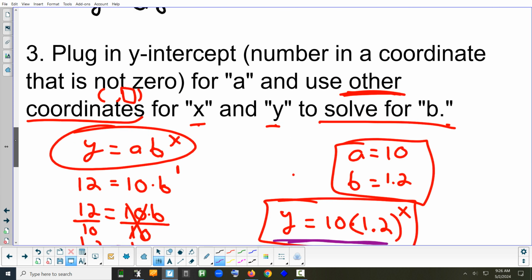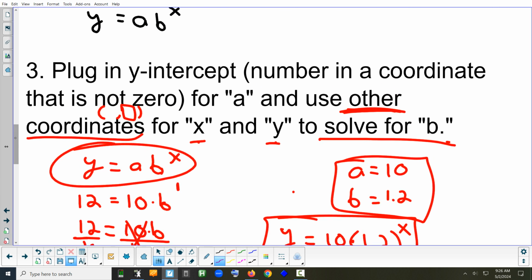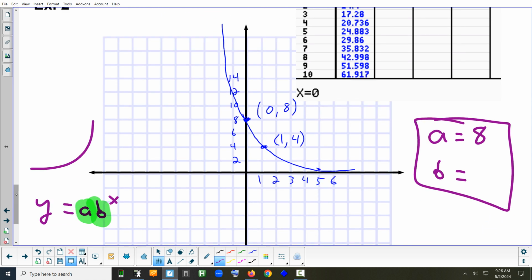So to find b, it says plug in the y-intercept, which we just found, and use the other coordinate to solve for b. What's the other coordinate in this problem that we didn't use? 1, 4. The 1 is going to be which letter in this formula?